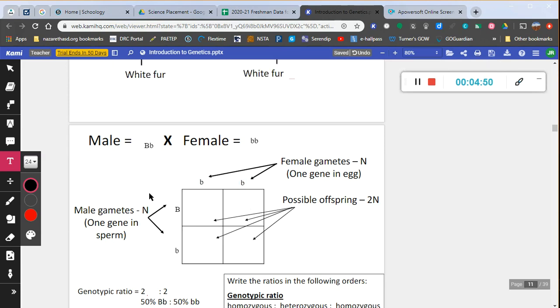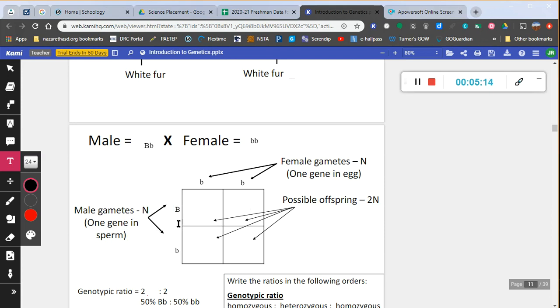Now, in this example, the male gametes are written on the left and the female gametes are written across the top. You could reverse that. I could put the two male gametes on the top, and I could put the two female gametes down on the side. That wouldn't matter. What does matter is that I keep the male gametes together on the same side.